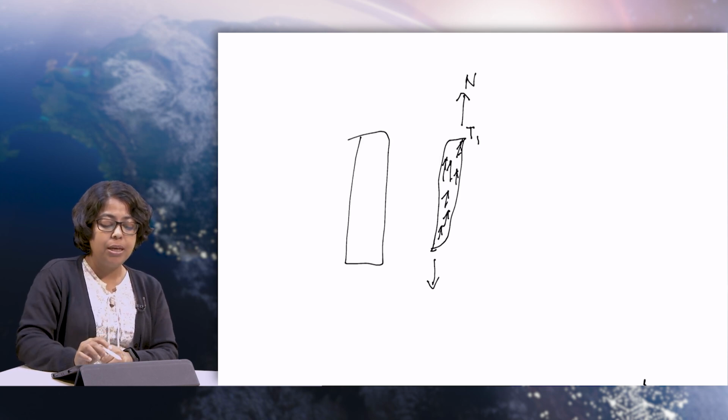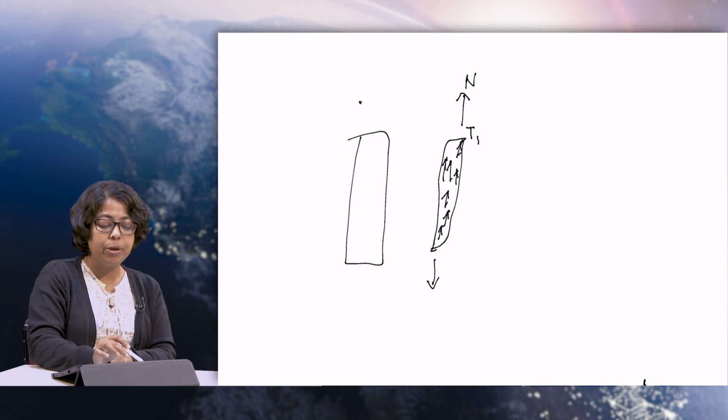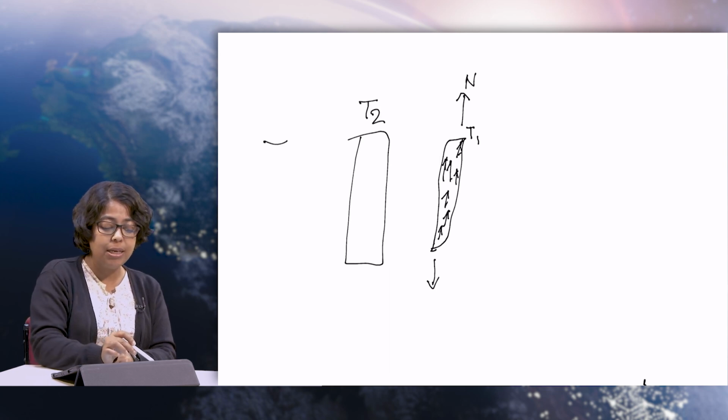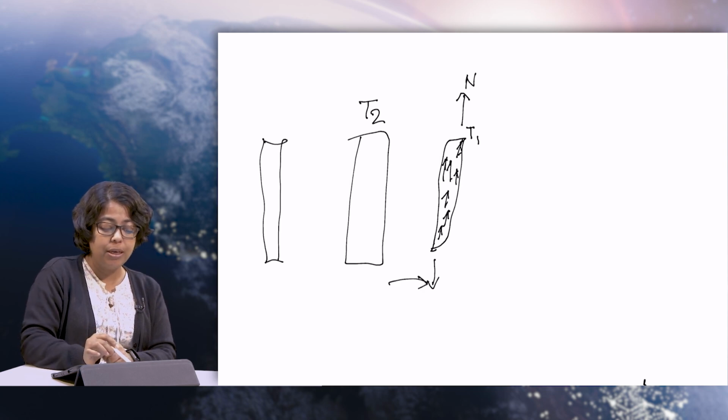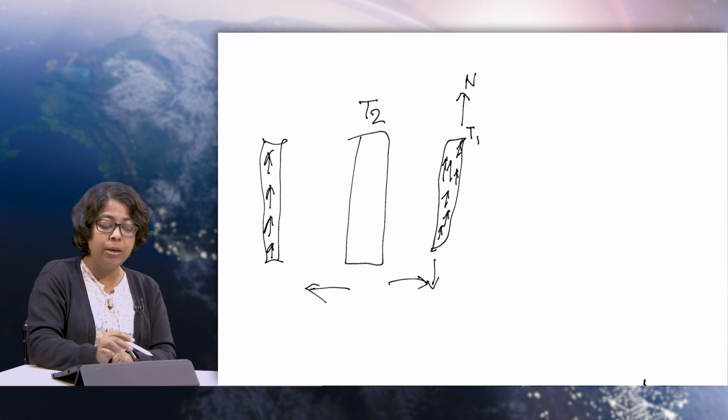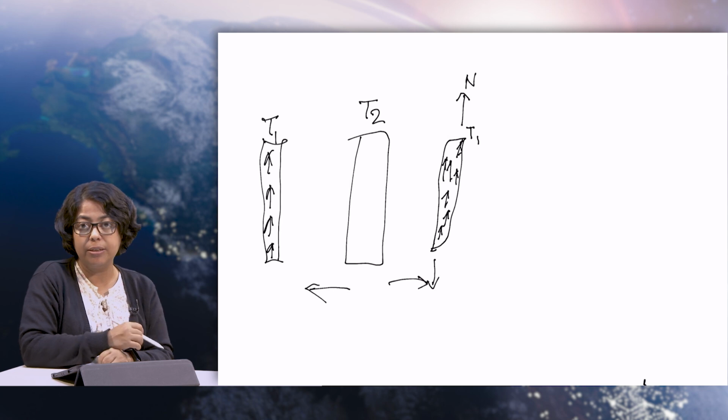So, that means T1 with respect to T2 has gone in this direction as well as in this direction, because it is symmetric and it spreads in both directions, and it is showing this polarity, because that is the polarity of the time when this particular floor was created.